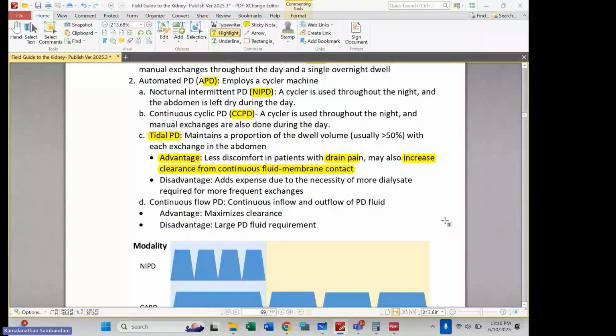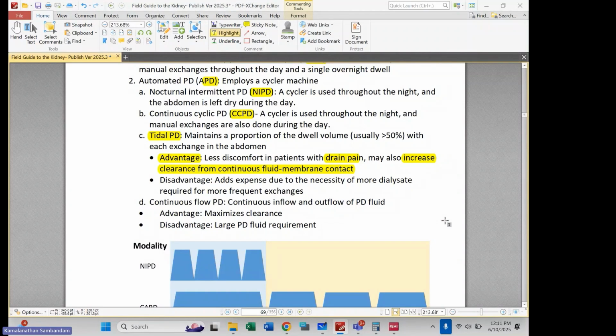But you end up having to use more total volume of exchange fluids. So, this is not a primary advantage, right? If you're getting more clearance at the expense of more total volume, that's not truly an advantage, right?